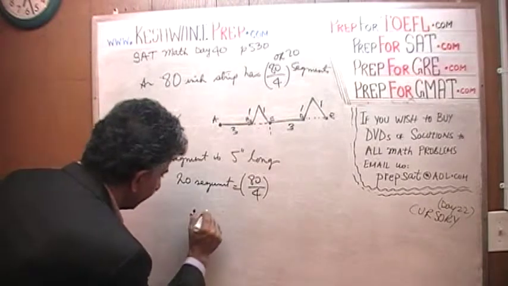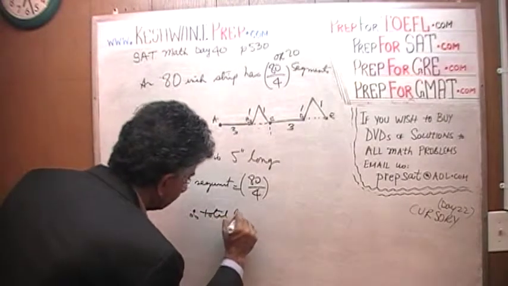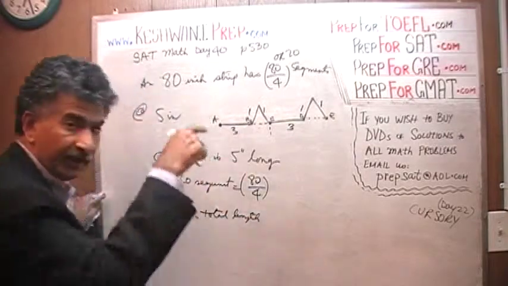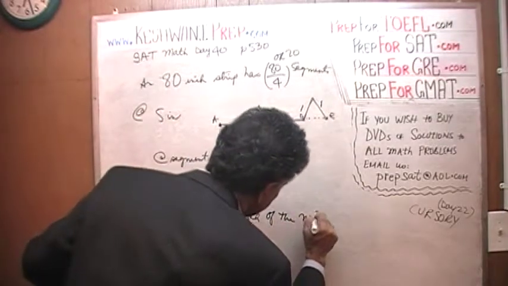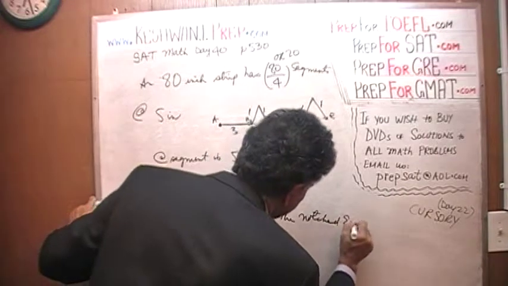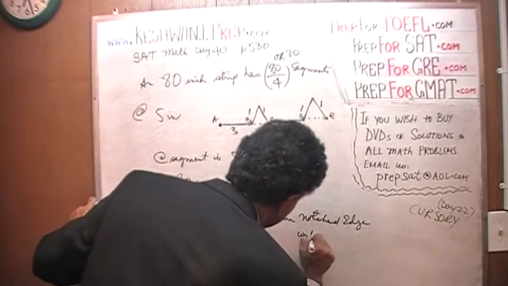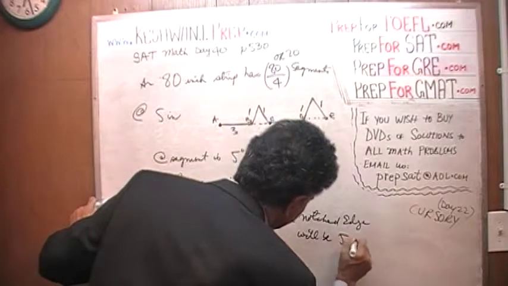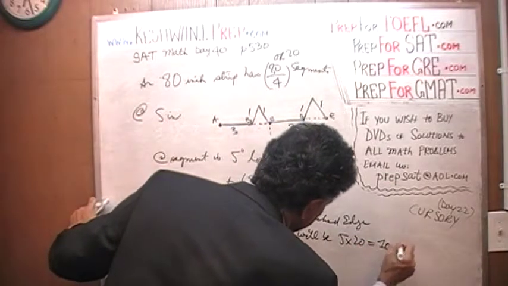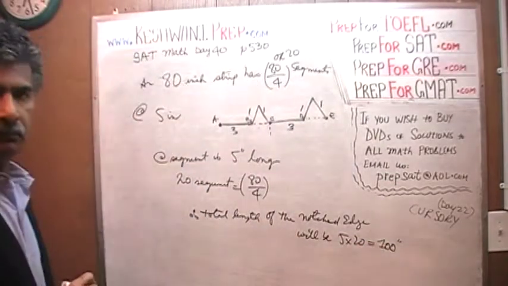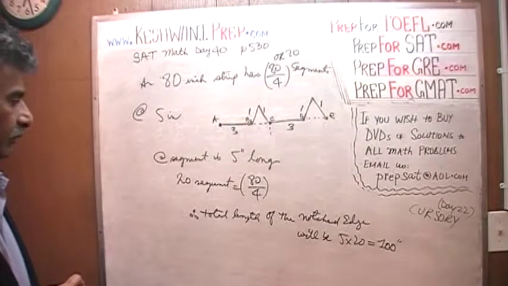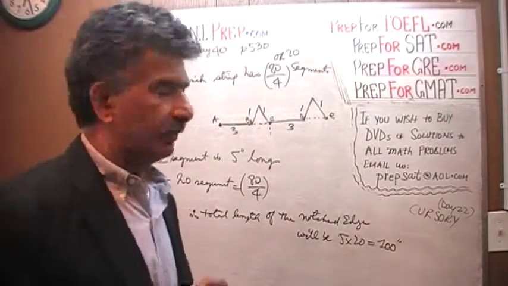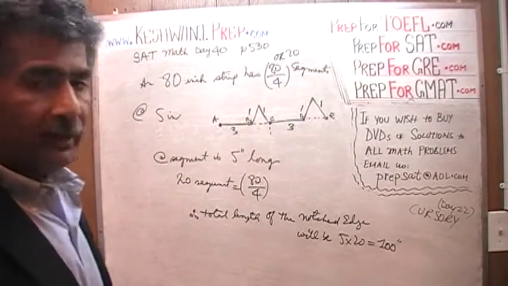Therefore, the total length of the notched edge will be 5 times 20, or 100 inches. That's it. Each segment is 5 inches long, and since we have 20 segments, it will be 100 inches. And that's all there is actually.